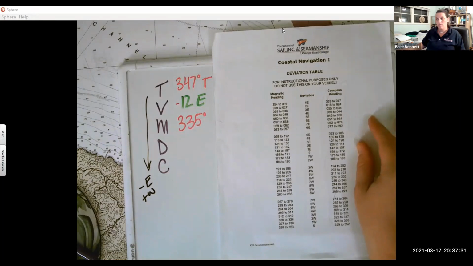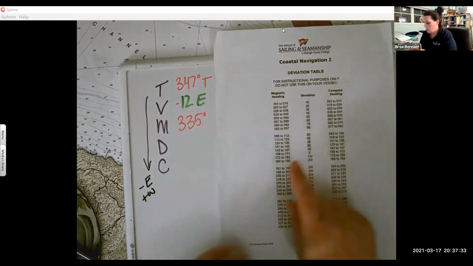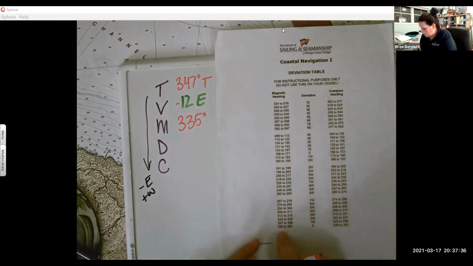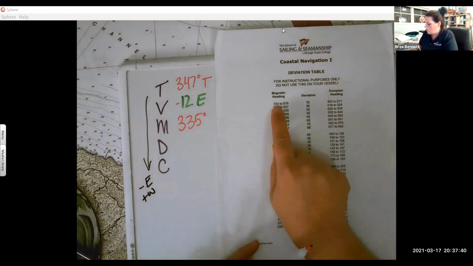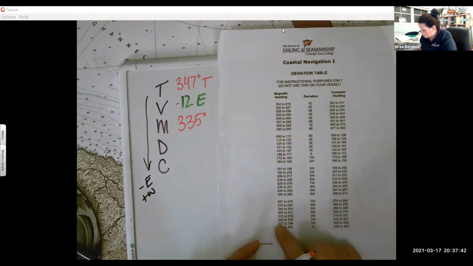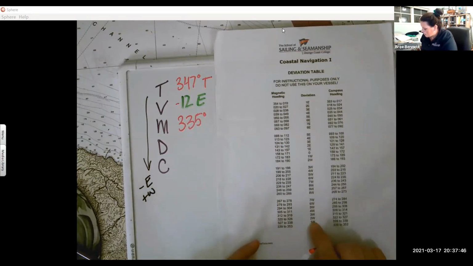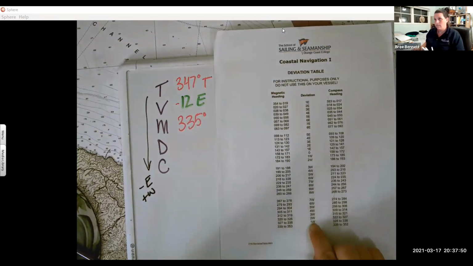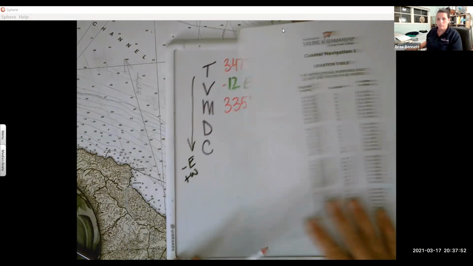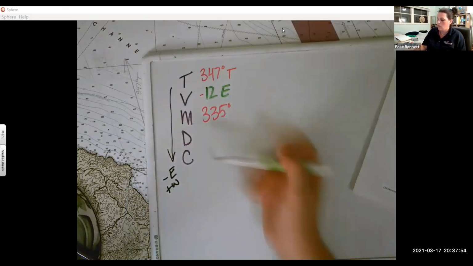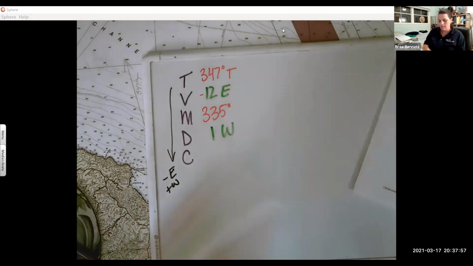We find 335. 335 is going to give us 1 west as our deviation. 1 degree west.